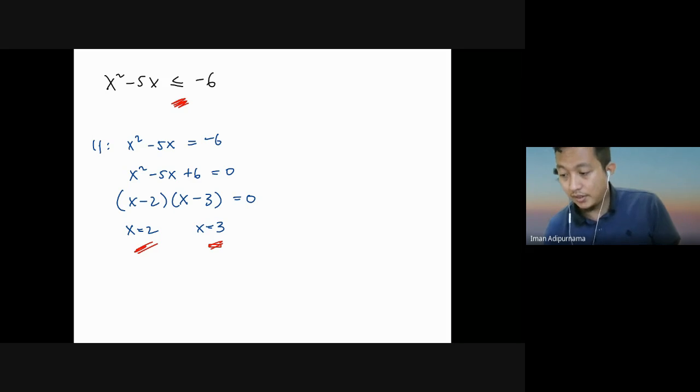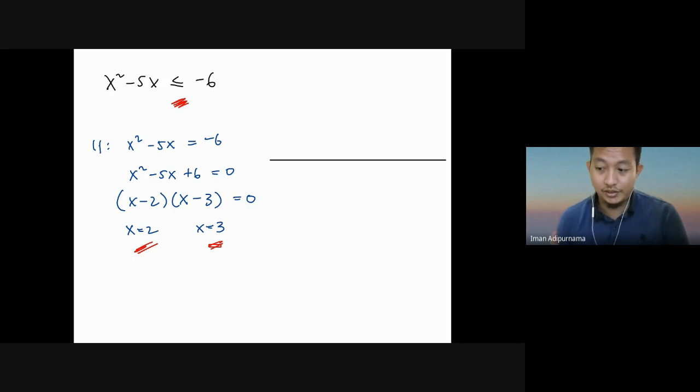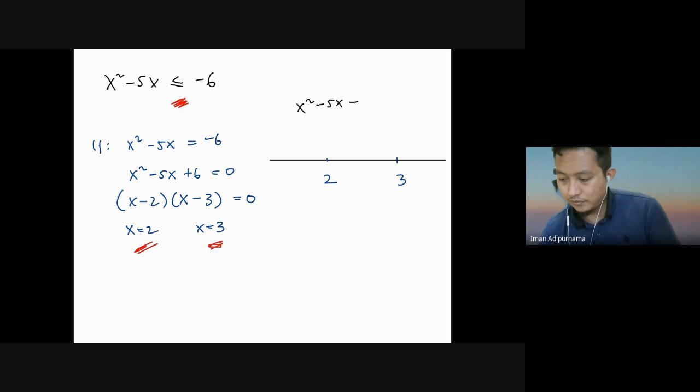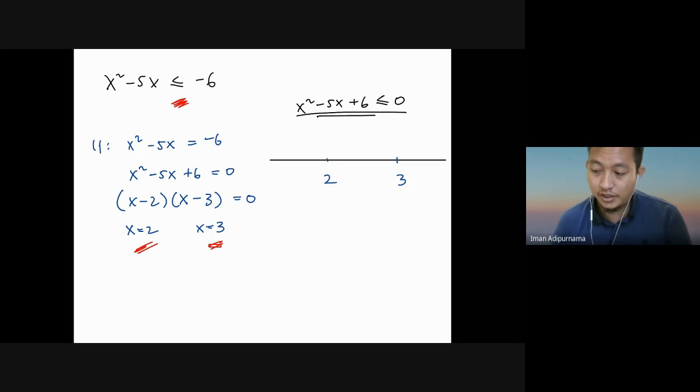All right. Now I will draw a number line. I will put 2 maybe here and 3 maybe here. And then what I want to find is, I need to make this less than or equal to 0, the whole expression here.